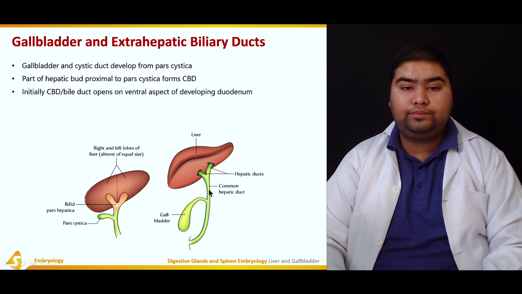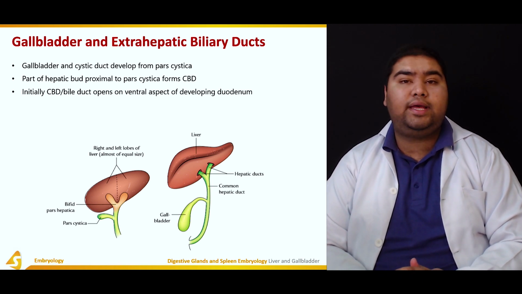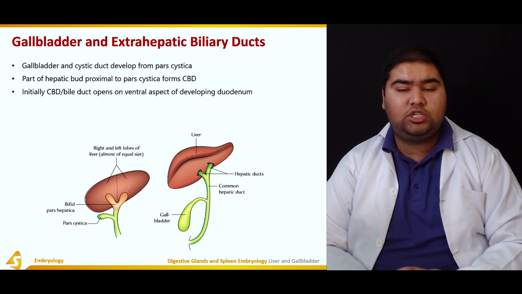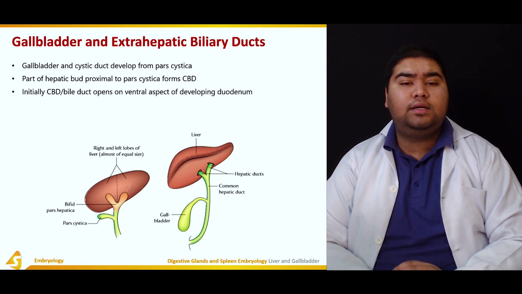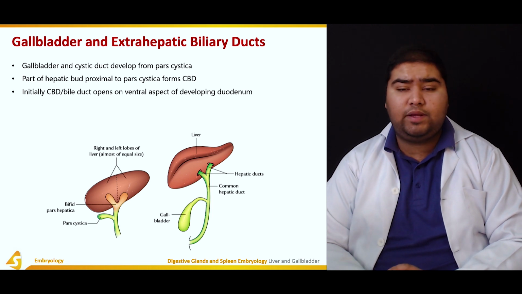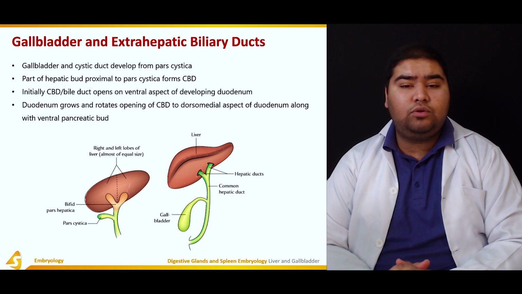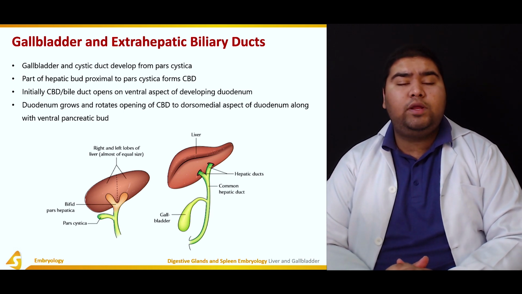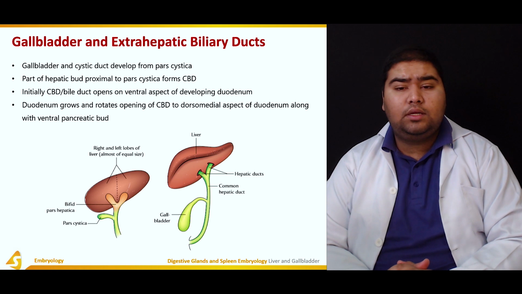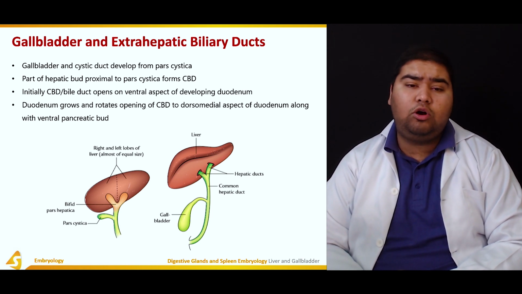Okay. So initially the common bile duct opens on the ventral aspect of the developing duodenum. However, the duodenum grows and rotates, and the opening of the common bile duct goes to the dorsomedial aspect of the duodenum along with the ventral pancreatic bud.